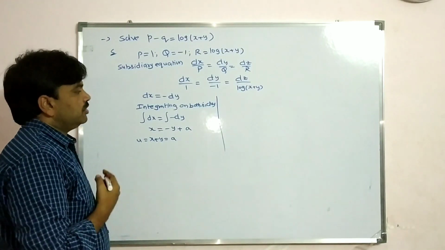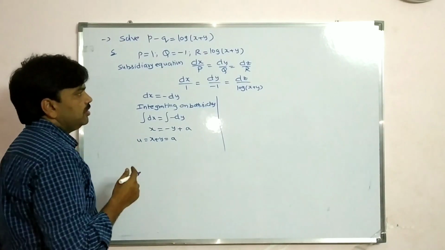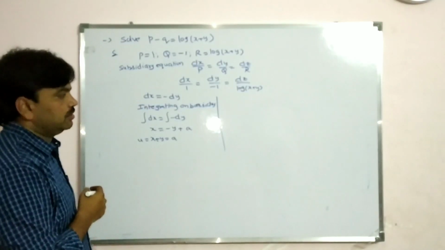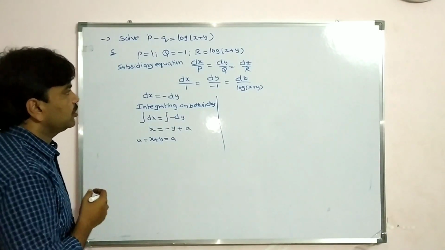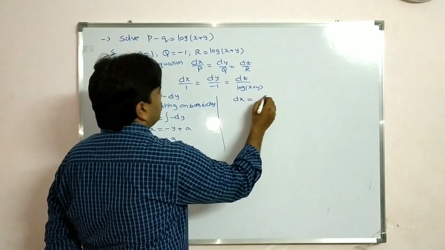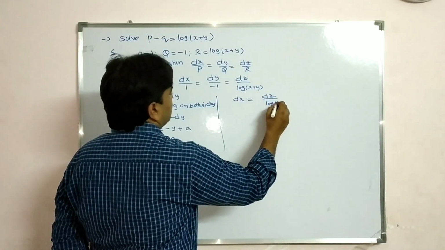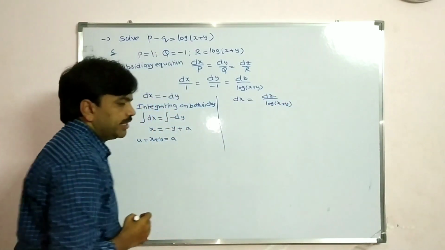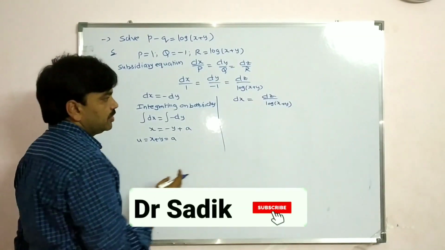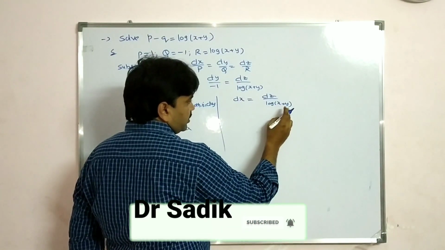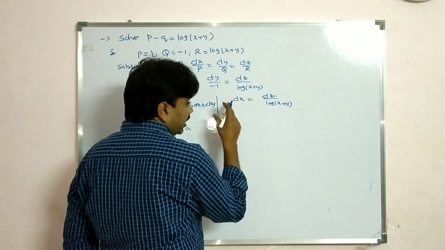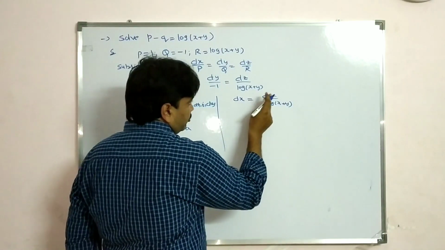Now, which equation can we take, students? In the previous case, we took the second and third equations. This time, I want to take the first and third equations. So it is dx is equal to dz by log of x plus y. Students, come on, can we integrate here? Because we have x plus y here, but only dx, and here we have dz.